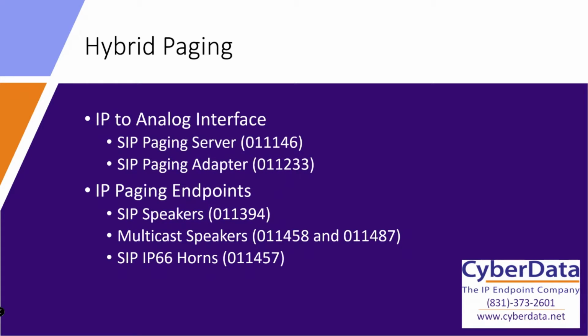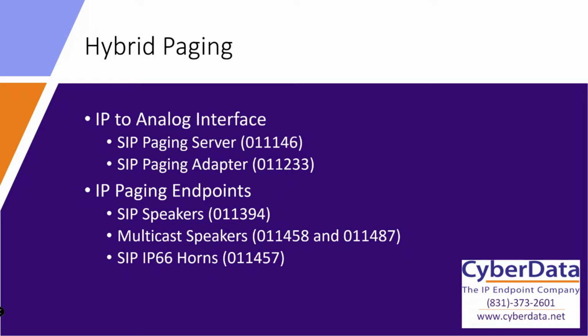And the IP66 horns are perfect for just about any application in a school, whether that's indoors or outdoors. Say indoors in a cafeteria, in a gymnasium, any large area where you really want to get an announcement out, and it could be a loud area like you'd get if a food fight breaks out in a cafeteria, or in a gymnasium if kids are playing dodgeball because it's raining and they're all inside.